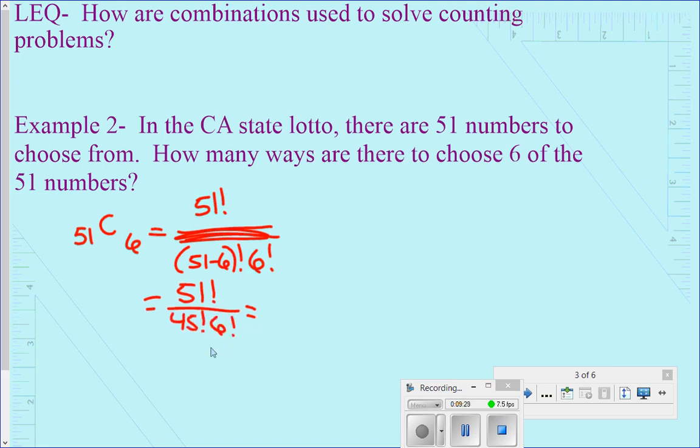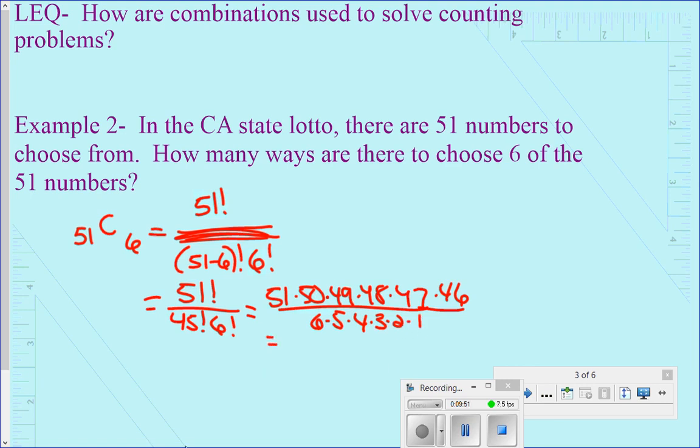And I'm realizing the 45 factorials are going to factor out, so I'm left with 51 times 50 times 49 times 48 times 47 over 6 times 5 times 4. Oops, it looks like I need a 46 as well. The 45s are going to cancel out. 6 times 5 times 4 times 3 times 2 times 1.